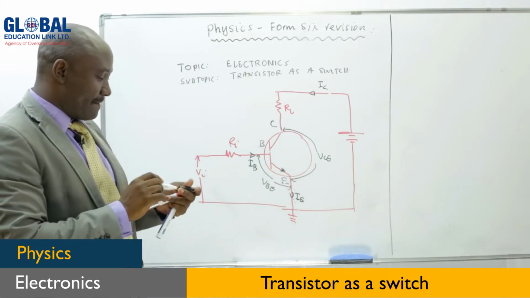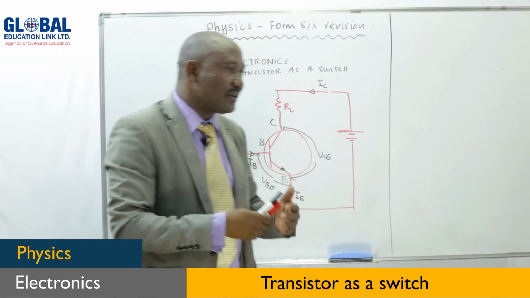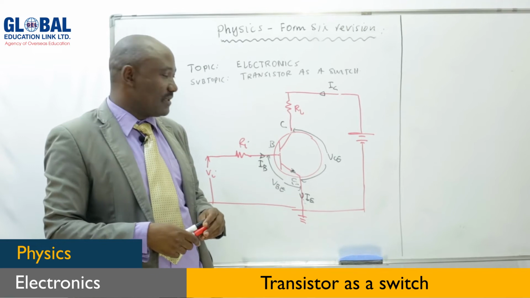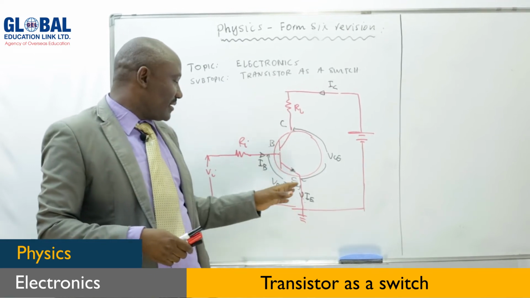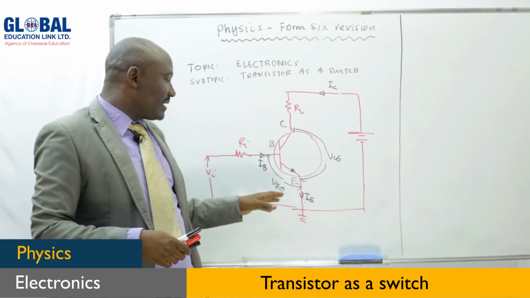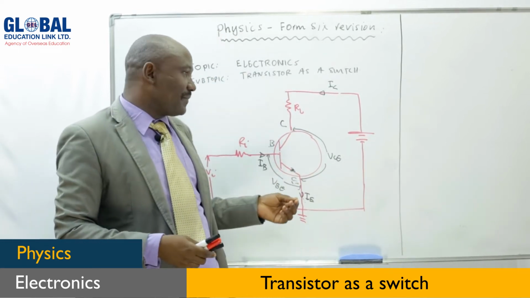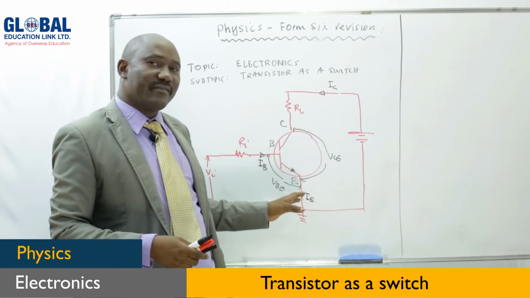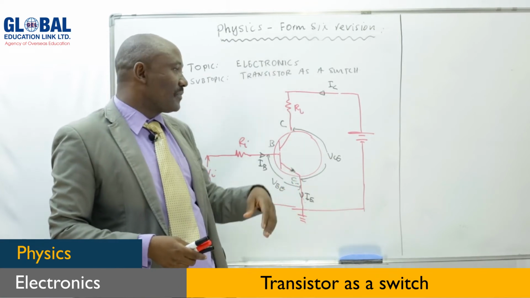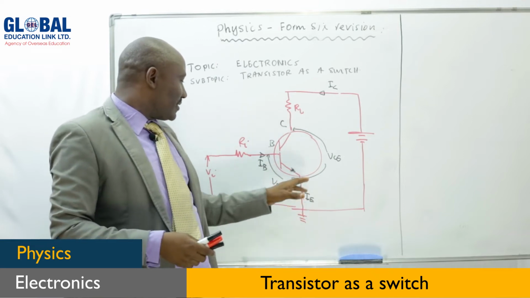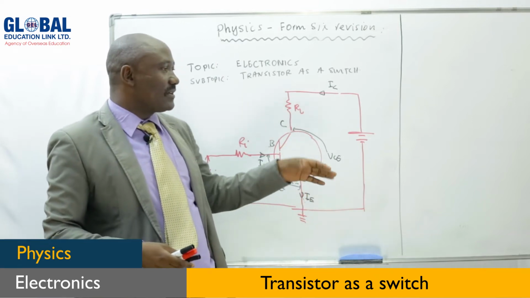Now, if you remember, when we talk of a transistor, we have different types of transistor. We can have silicon and germanium transistors. The voltage across the base emitter is what distinguishes the two types. For silicon, it may be 0.6 or 0.7 volts, but for germanium it is supposed to be 0.3 or 0.4.